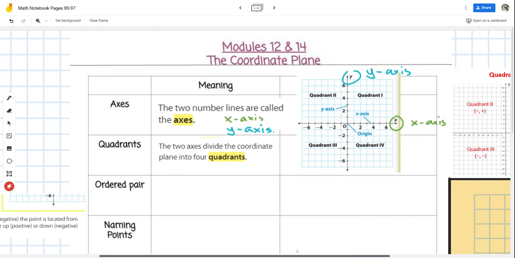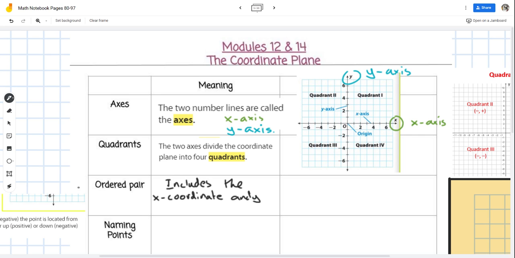But an ordered pair, and I want you to write this down here, includes the x coordinate and the y coordinate.